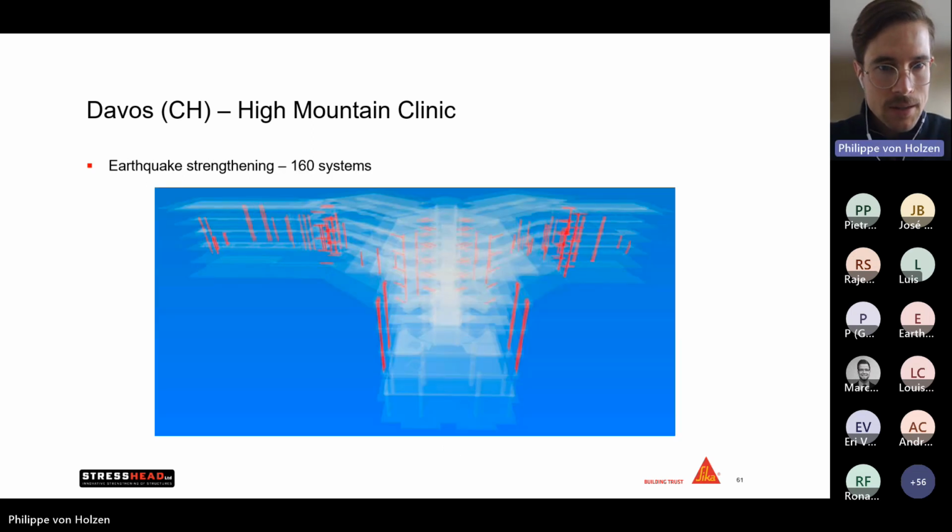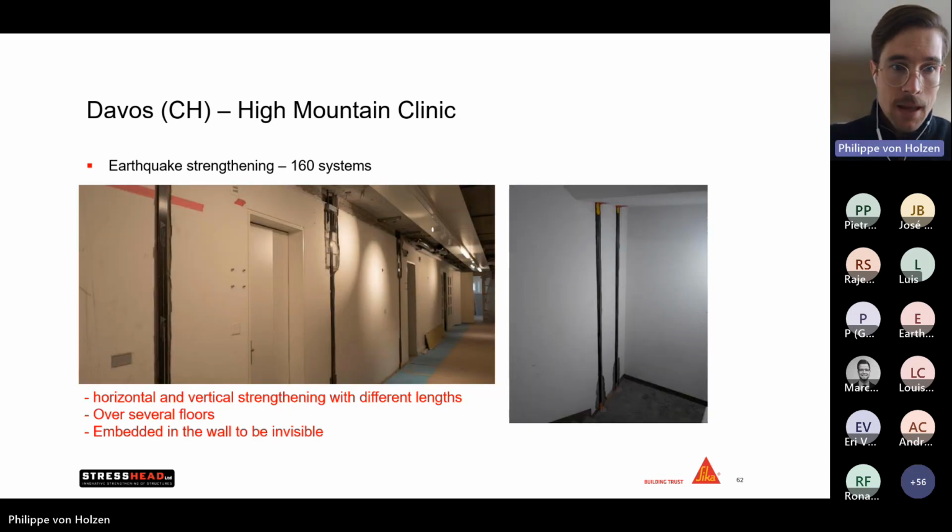As you can see here in this demonstration, we installed a total of 160 systems over several floors, as well in a horizontal way to close joints between one building and another. In this case, we even embedded the systems in the wall so that they would not be visible to the clients of this high mountain clinic.